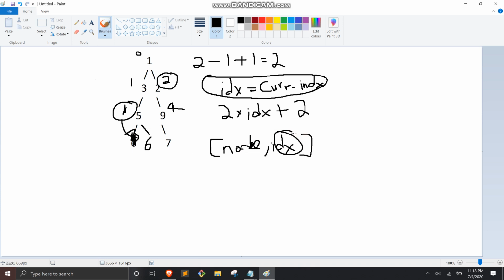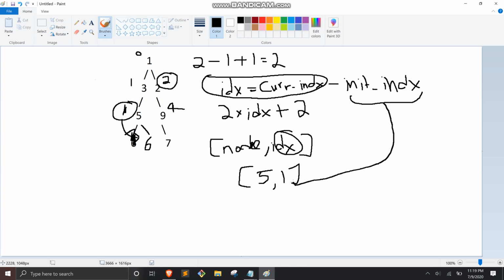So let's say you have the 5 and it has index 1, and you pop that off, the current index would be equal to 1. But you take the current index minus the initial index, and the initial index is equal to the 1.